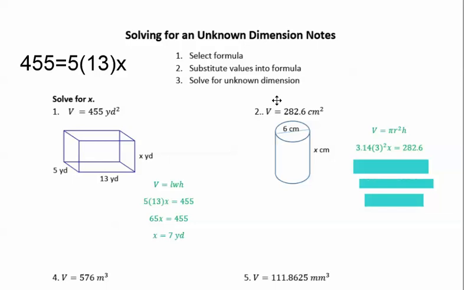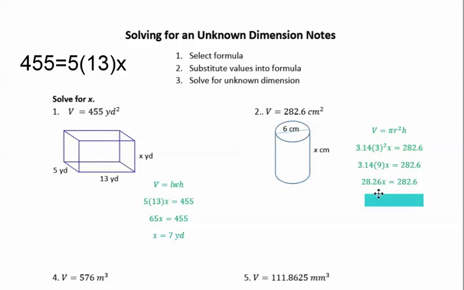Okay? From here, I wrote down my formula, I plugged in my values, now I'm going to start solving. My first step is I'm going to do my exponent. 3 squared is going to be 9. So now I have 3.14 times 9 times x still equals that. Now I'm going to multiply 3.14 times 9.